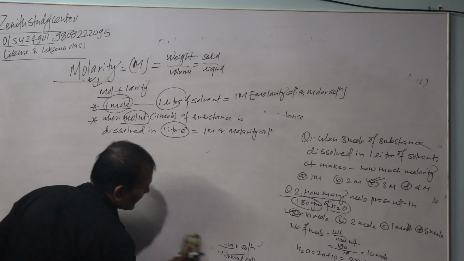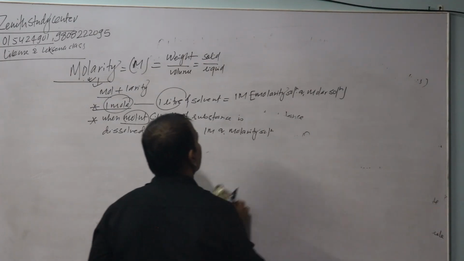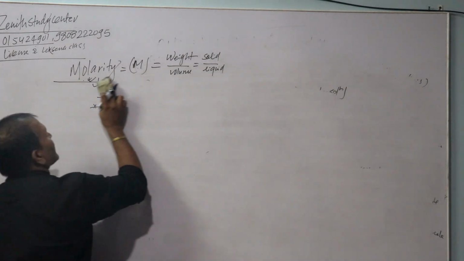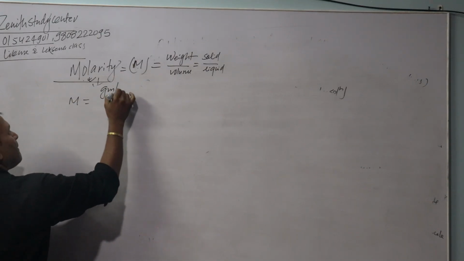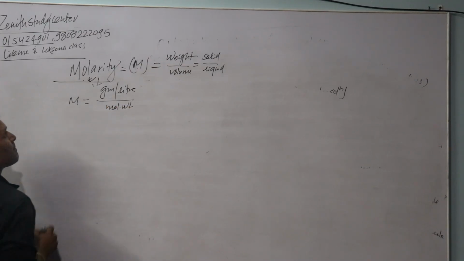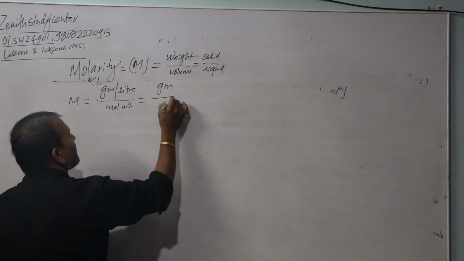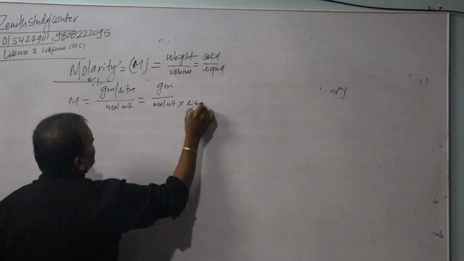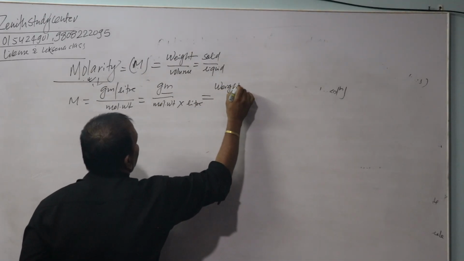Now, the formula of molarity. M is equal to gram per liter by molecular weight. So we can write gram by molecular weight into liter. Gram comes from weight. What is the symbol of weight?